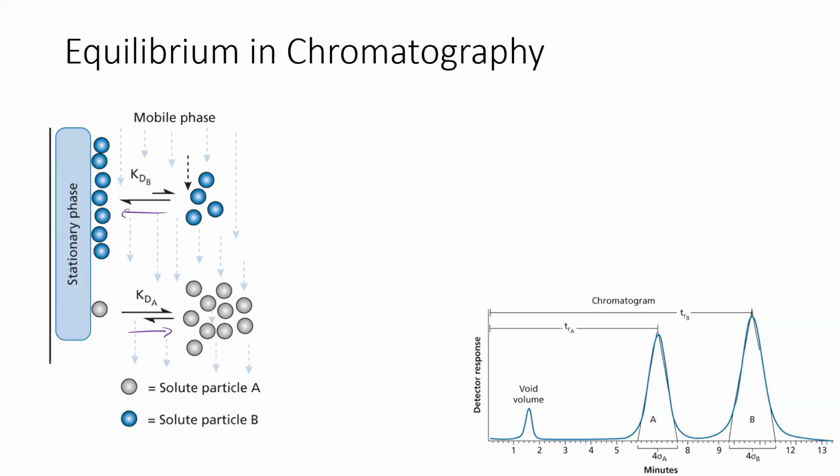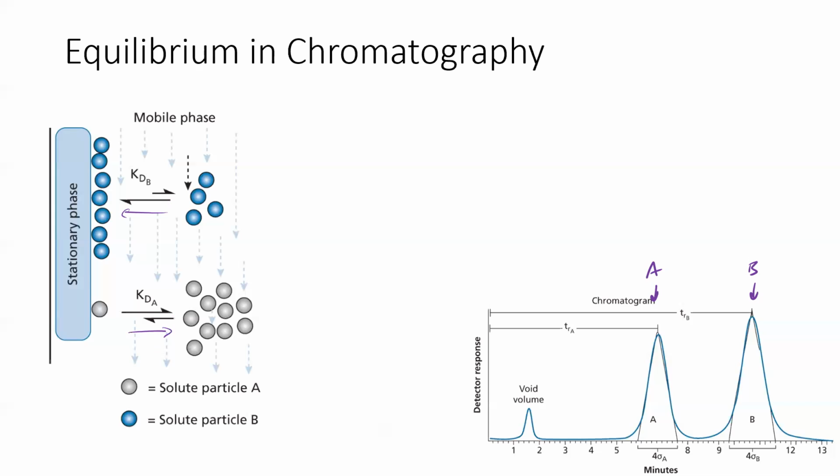And because of that, A is going to come off first in our chromatogram. B is going to come off later, and they're obviously going to have different retention times.